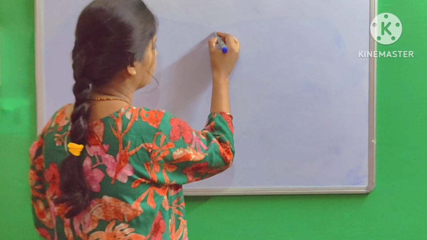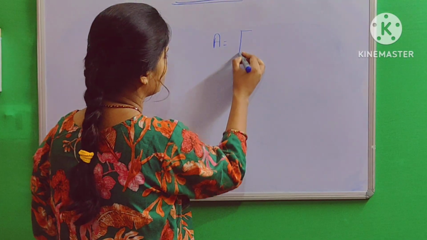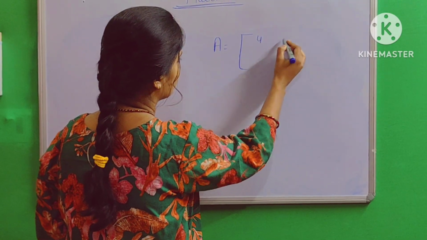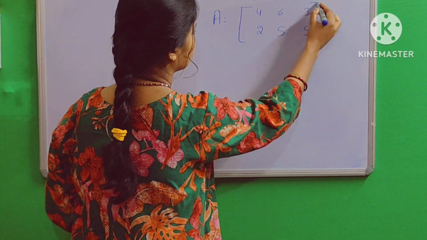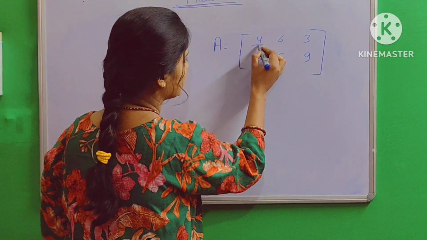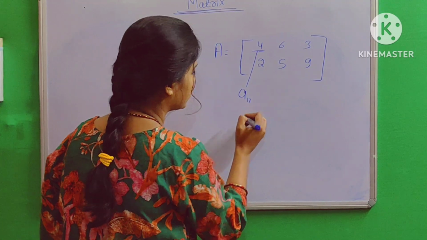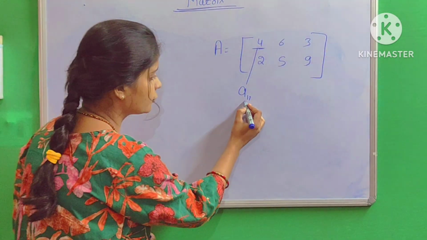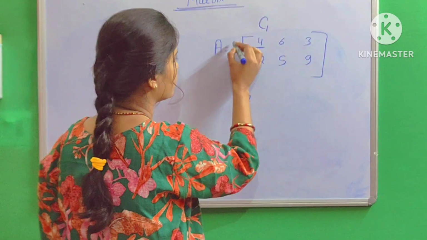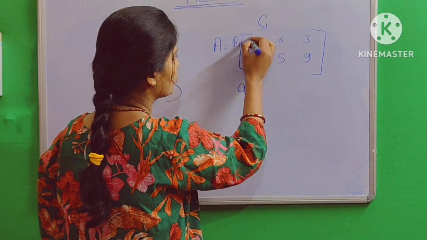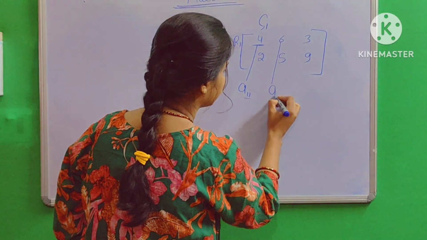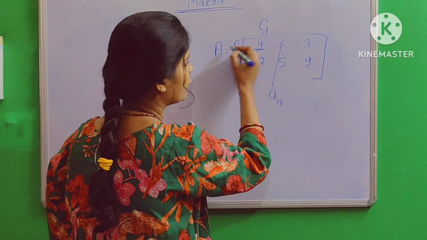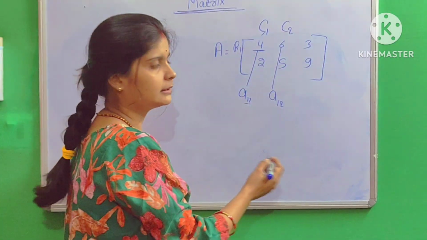Next I am showing you how this works. Look, if I am writing matrix A as 4, 6, 3, 2, 5, 9, we can say this element is A11. It means first row and first column. This is C1 and this is R1. And if we write this, it is A12, meaning first row and second column.